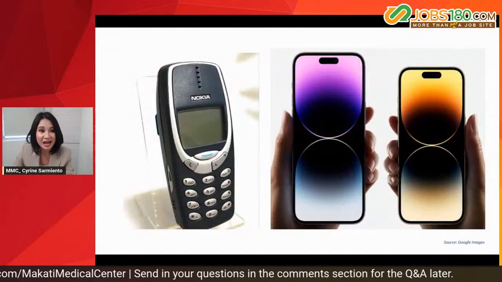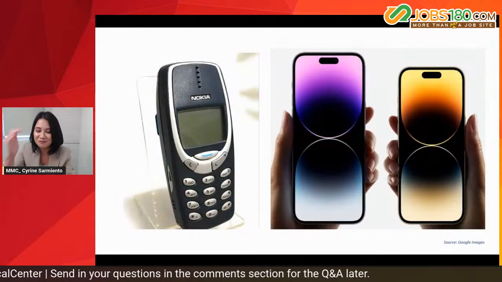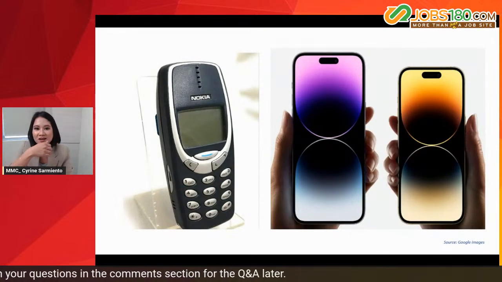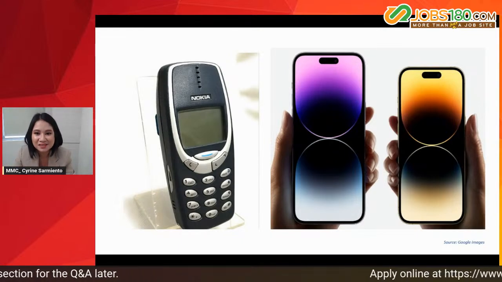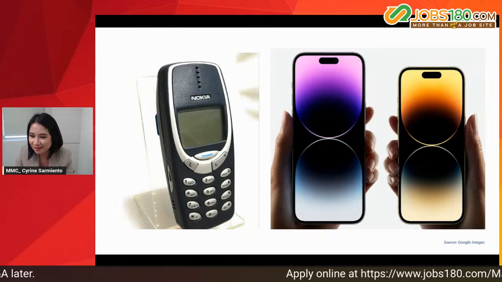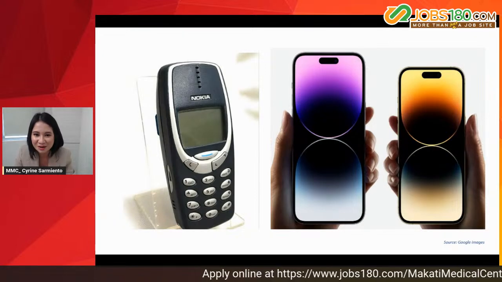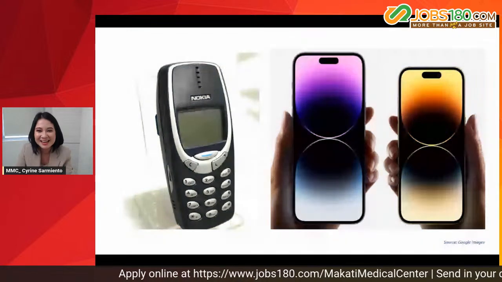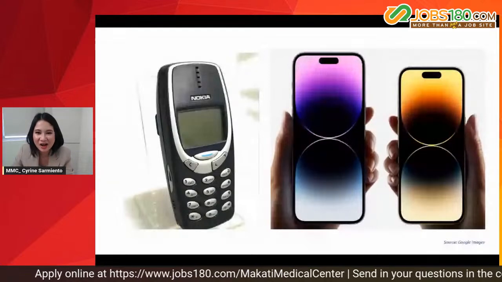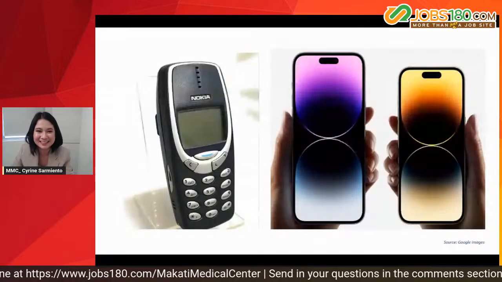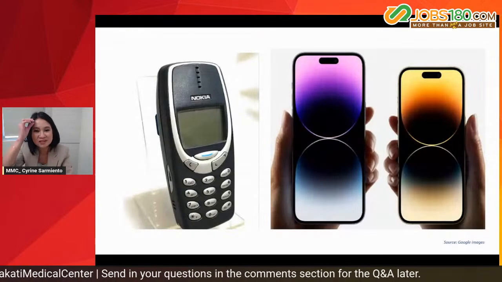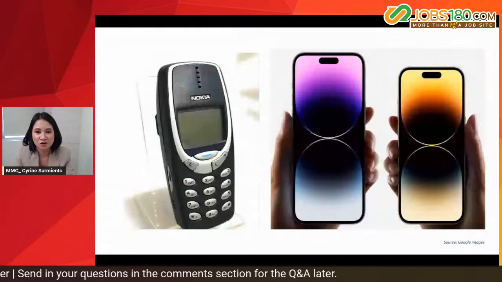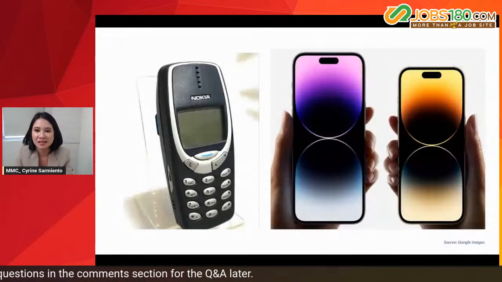I'm sharing with you photos of common examples of adaptive systems. I think my audience are already Gen Zs here. Did you catch this phone, the Nokia phone? Nokia is one of the early movers of cell phones when they started.